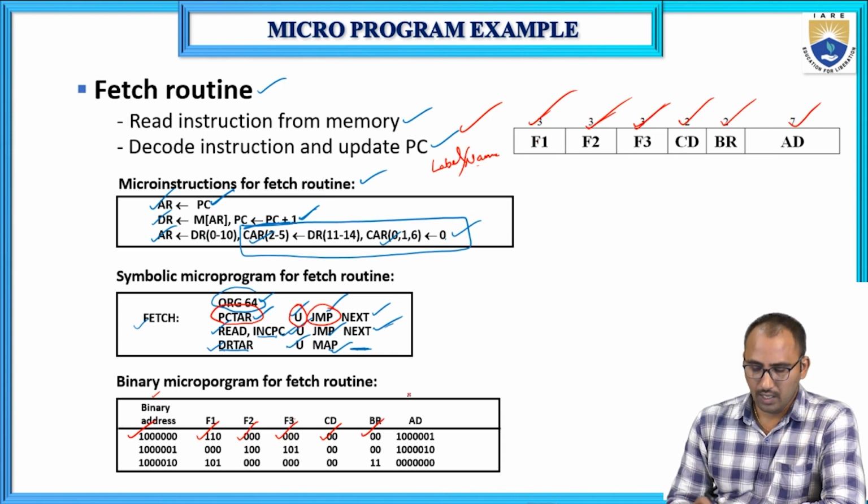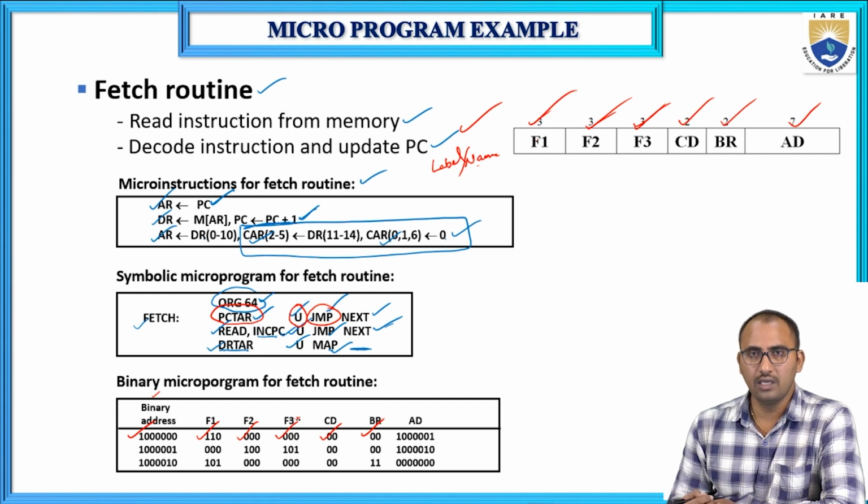Okay, so after executing the current microinstruction, it will go to the next microinstruction. Where is the next microinstruction? It will be at memory location 65. So this is the address of the next microinstruction, which is 65 in decimal.